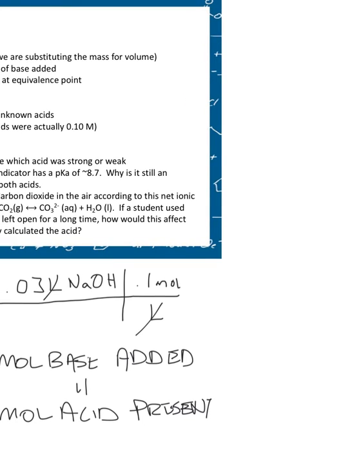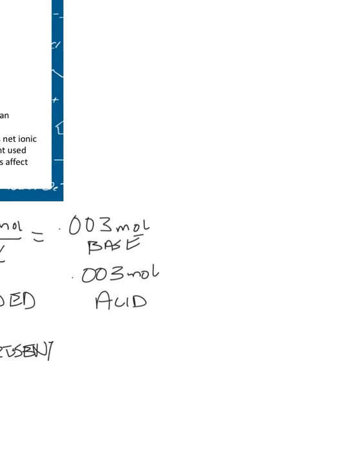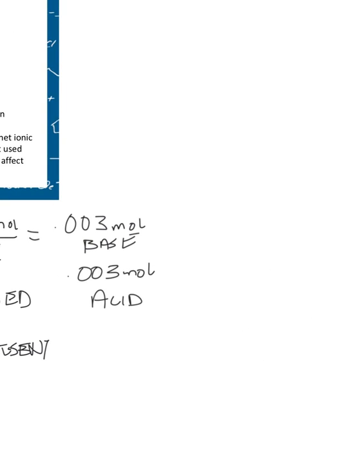So I'm going to take this, and that's going to give me 0.003 moles base, which means 0.003 moles of acid. Now to get the concentration, I just need to divide my moles by the volume that I used. So let's say that you used 25 milliliters of acid.